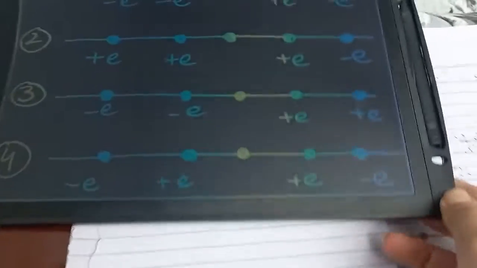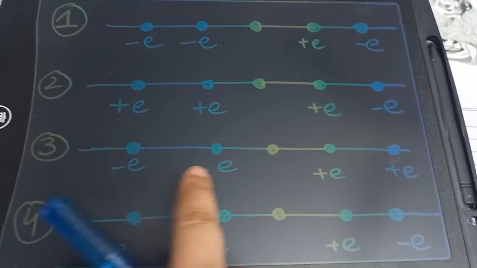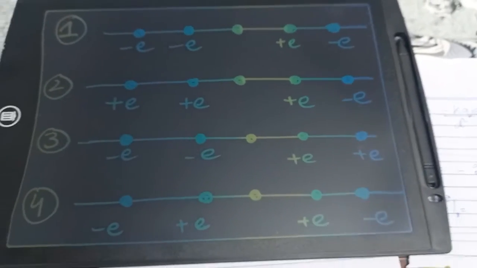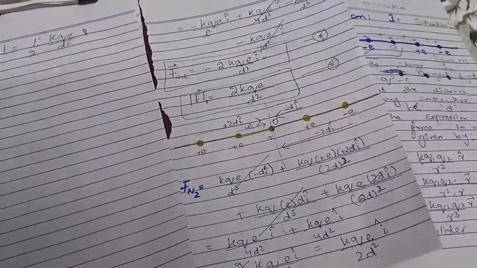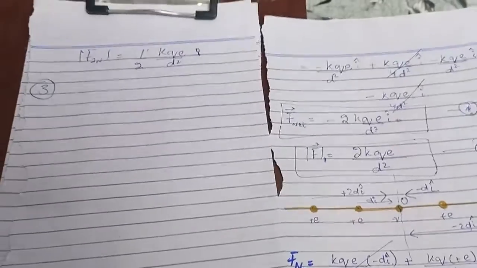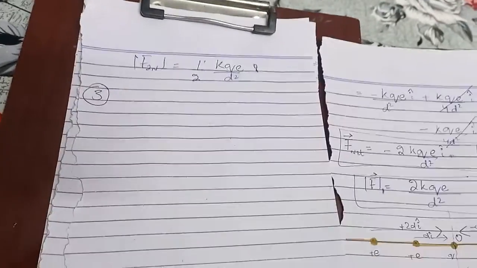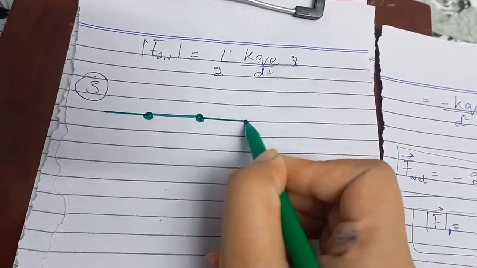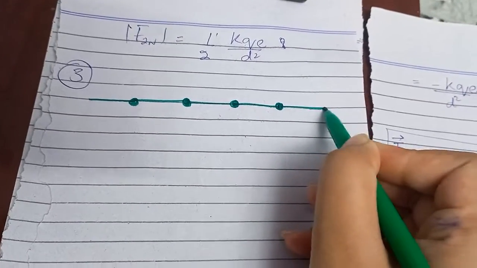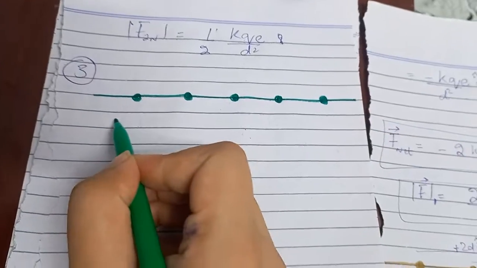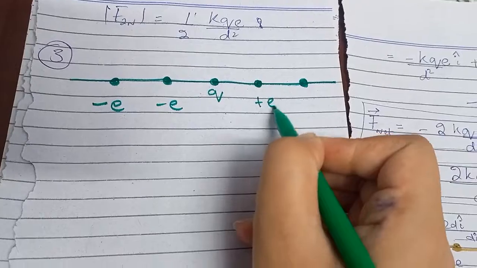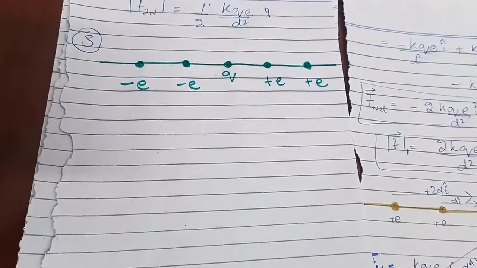And now here it's negative e in this direction, positive e here. Let's see how the situation goes now. Okay, we should draw it. Negative e here, the central atom, positive e here and positive e here. This is the third situation.